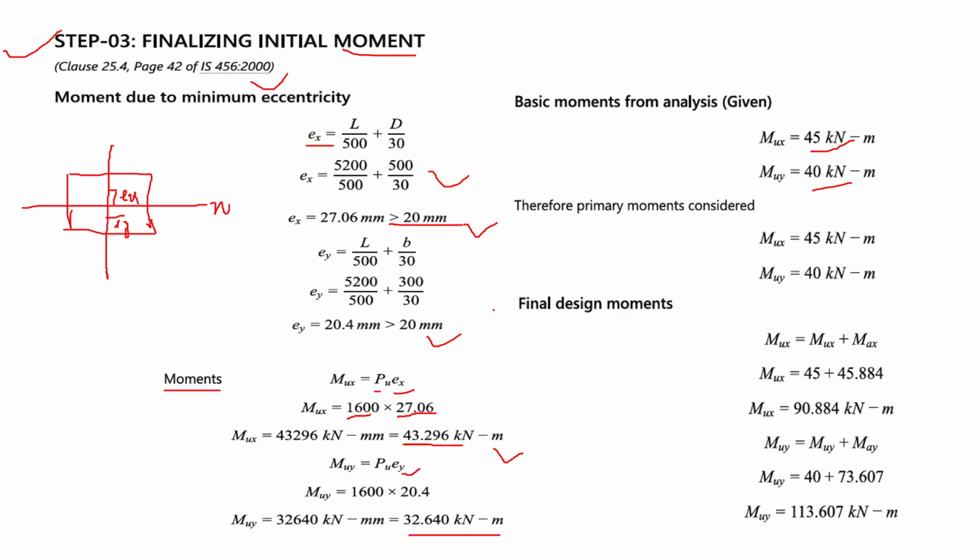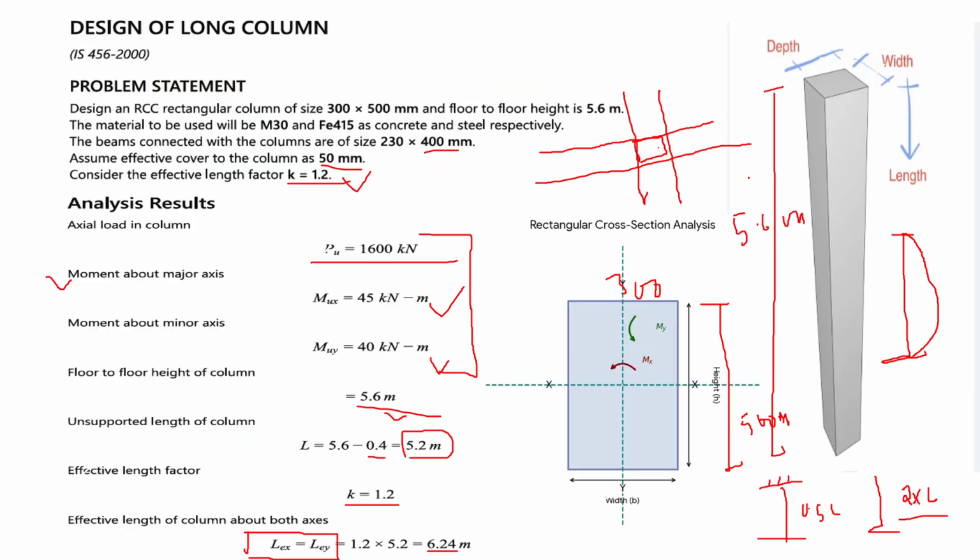Otherwise, if this value is greater than the given moment, which is given in the question, see here, MUX, MUY. So this moment is greater than the minimum eccentricity moment. So again, the design will be based on this moment.